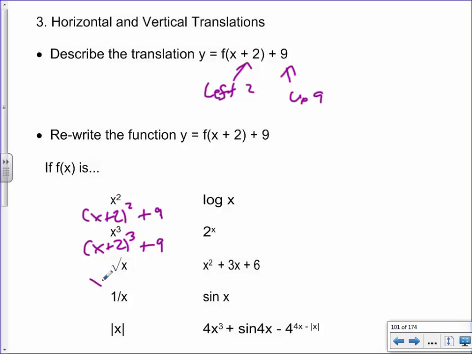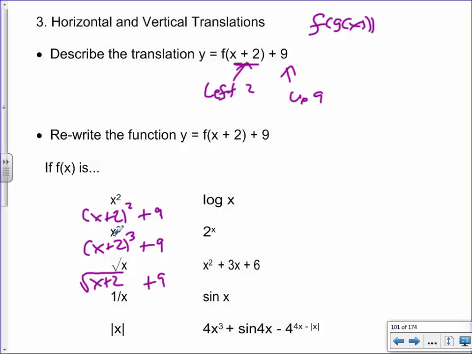Well, take your x and add 2 before you square root it. And then after you're done square rooting it, add 9. This is kind of like f of g of x, all in brackets. Remember the notation f of g of x? To some degree, I have too many brackets there. What we're doing is we're shoving this little function inside the function.